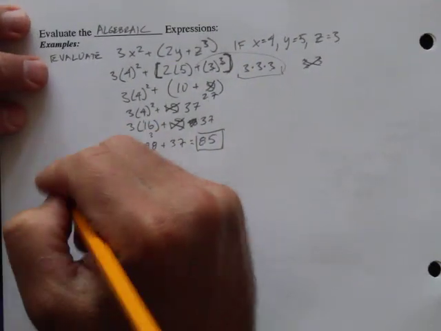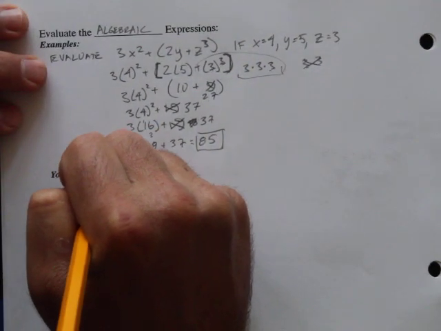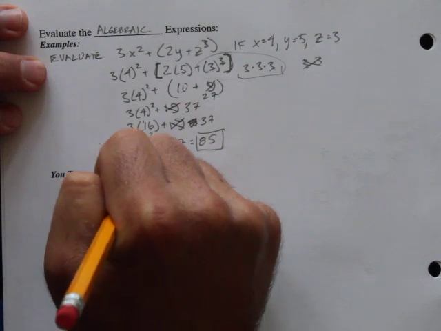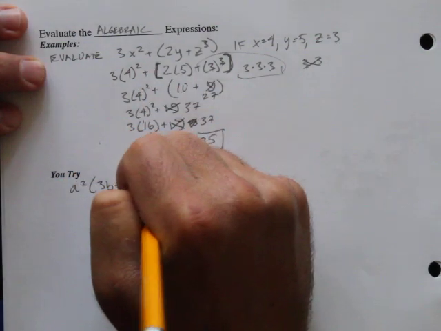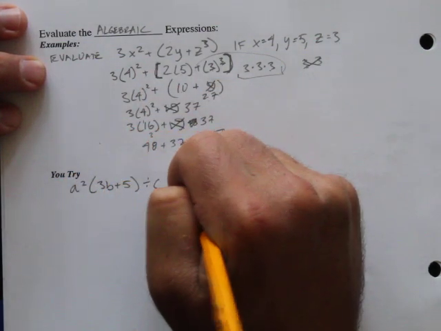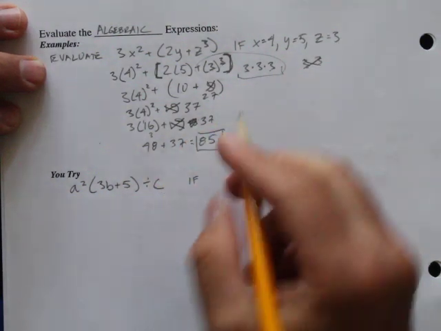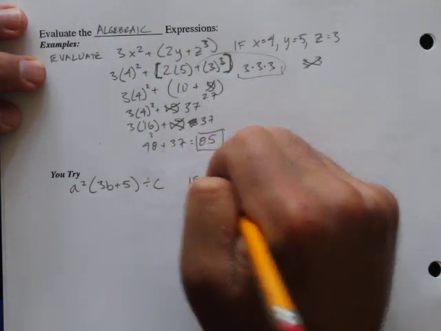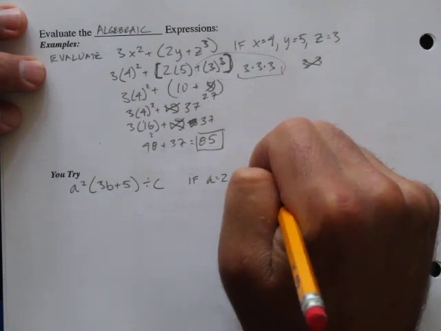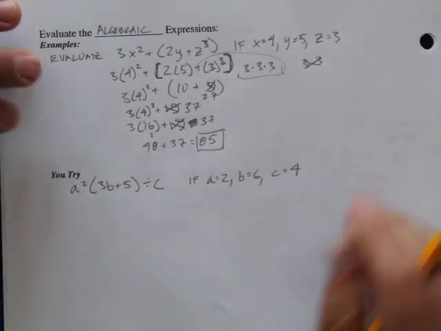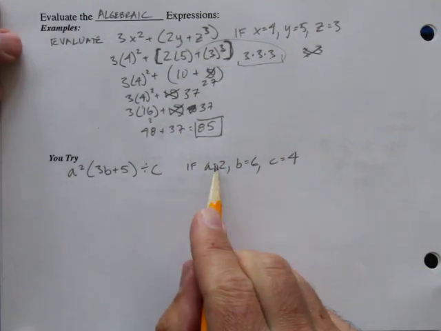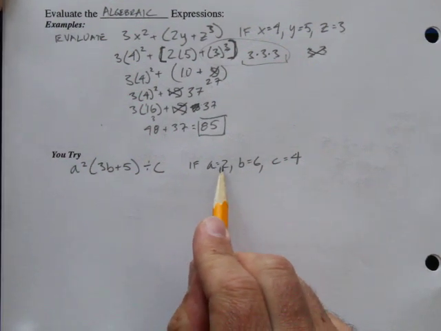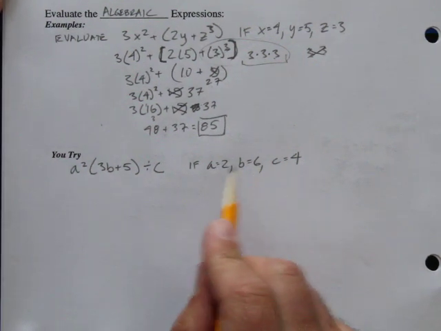All right. You try. A squared times 3b plus 5 divided by c. So we're going to evaluate this if a equals 2, b equals 6, and c equals 4. All right, so my first step is to substitute these numbers for these letters.